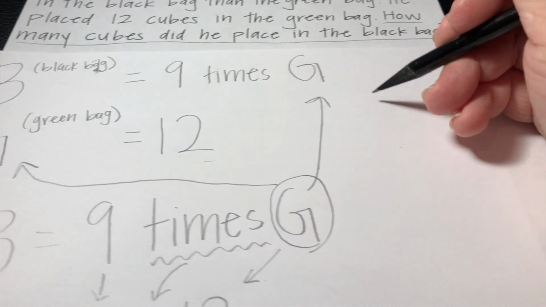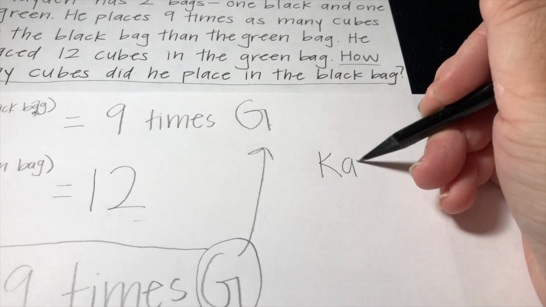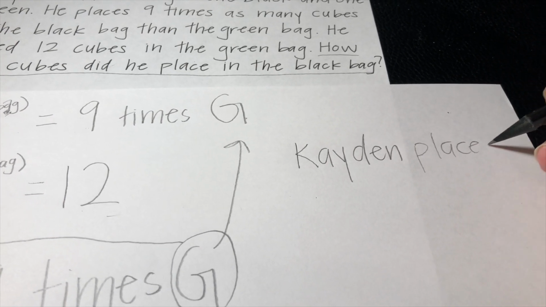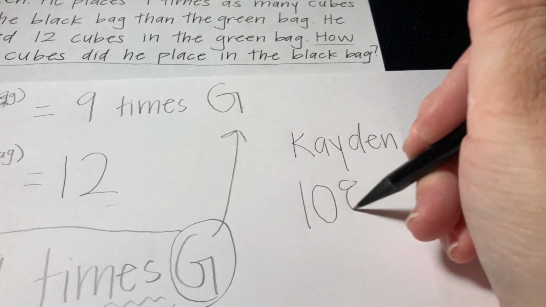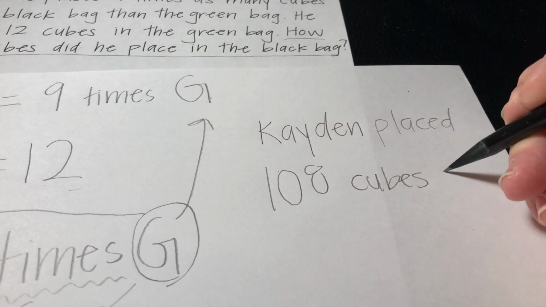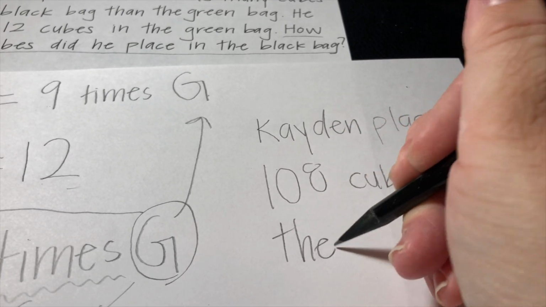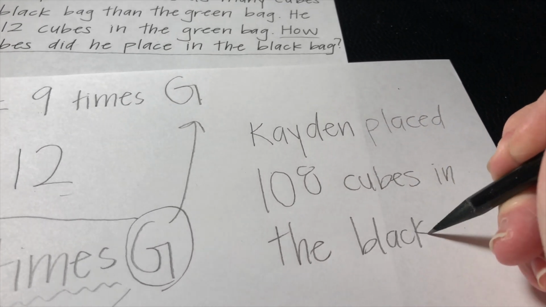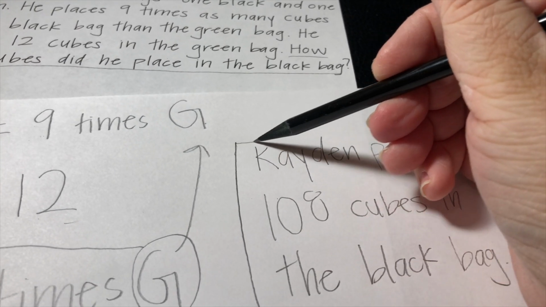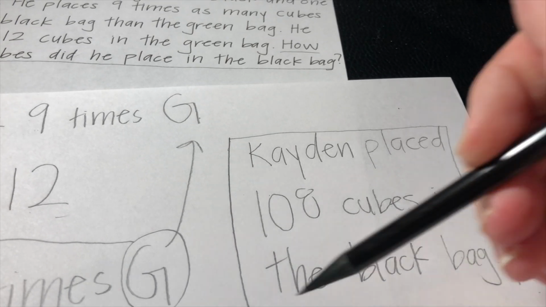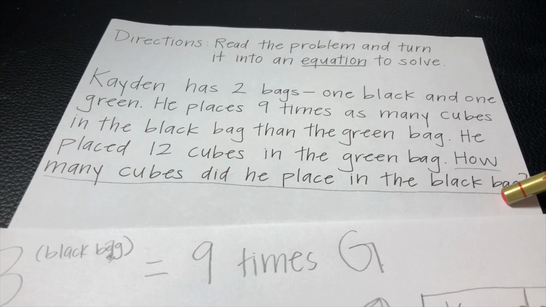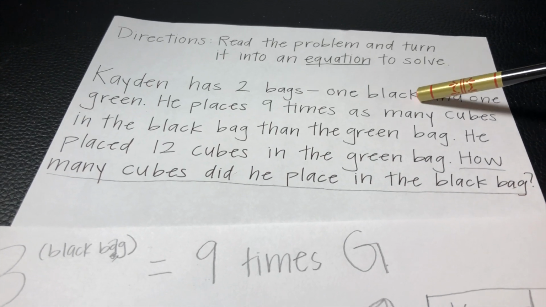So our answer should be Caden placed 108 cubes in the black bag. And this is our answer.